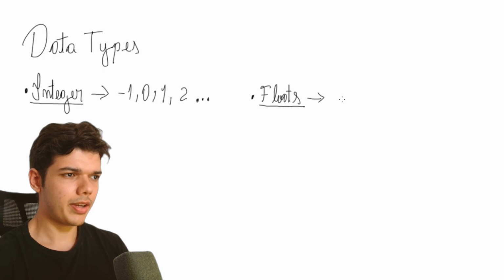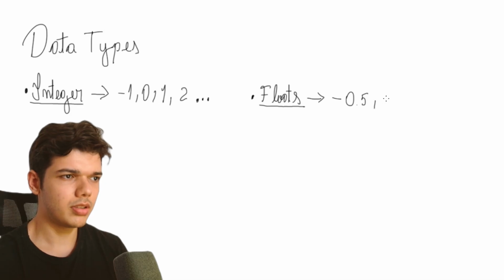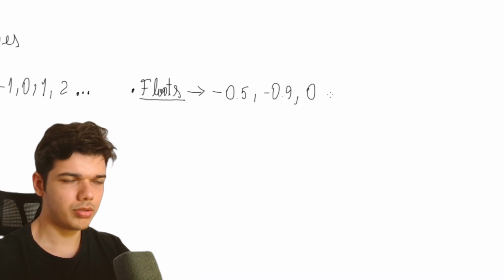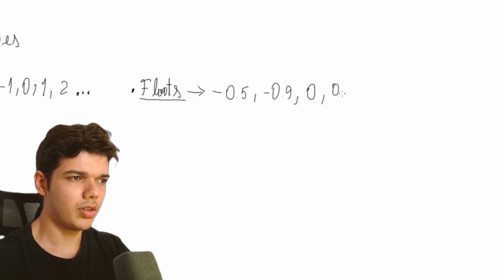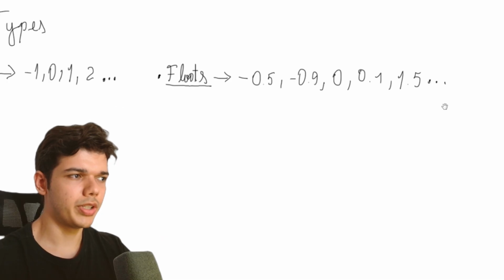We can use as example -0.5, -0.9, 0 also, 0.1, 1.5, and here we go.